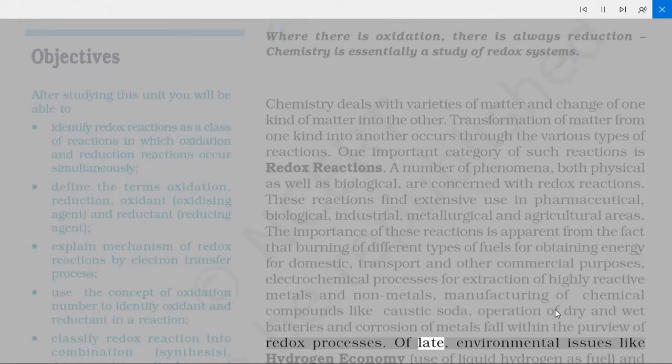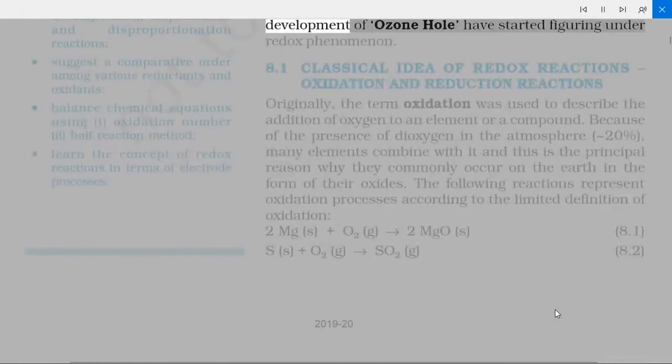Of late, environmental issues like hydrogen economy, use of liquid hydrogen as fuel, and development of ozone hole have started figuring under redox phenomenon.